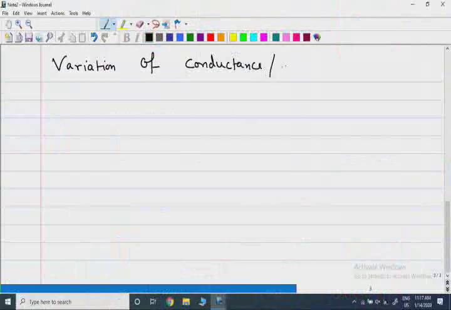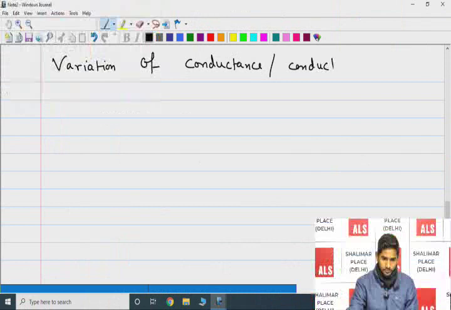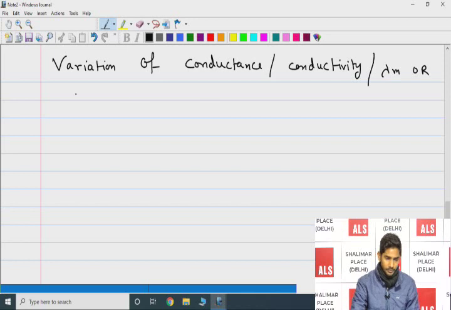Okay, so guys, let's move on to the next part, which is variation of conductance, conductivity, lambda m or lambda eq with dilution.